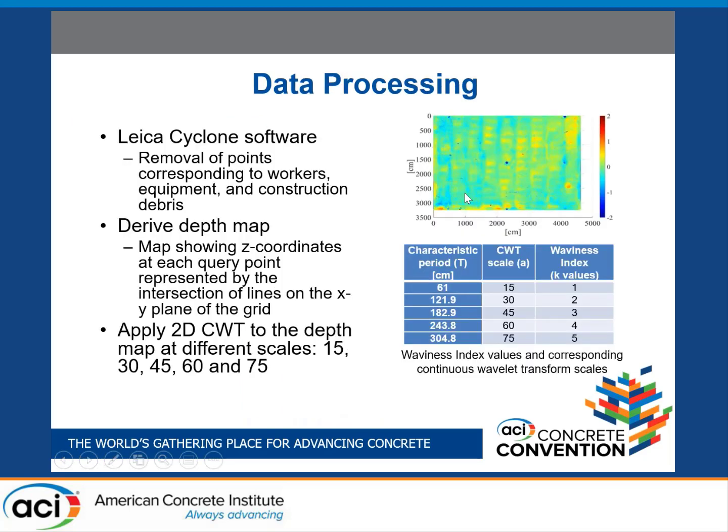Again, similarly, we used the off-the-shelf software to clean up our data. We removed the noise, and we developed the depth map. After we got the depth map, we applied the 2-dimensional continuous Wavelet Transform for the same scales as the previous study, 15, 30, 45, 60, and 75, which corresponds to 2, 4, 6, 8, and 10 feet.